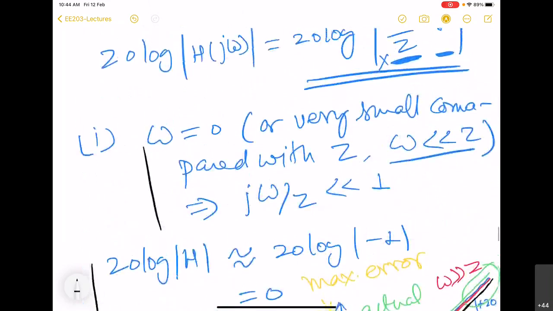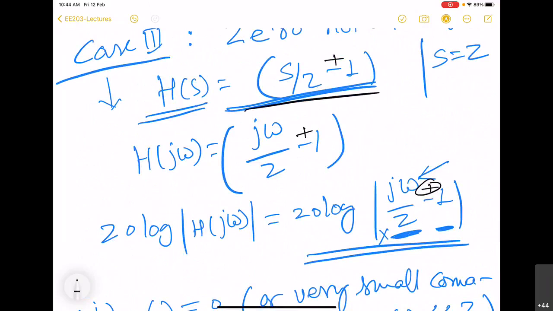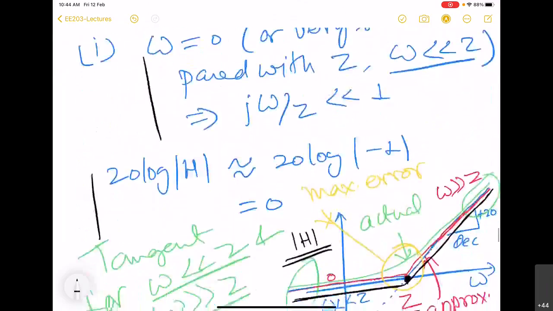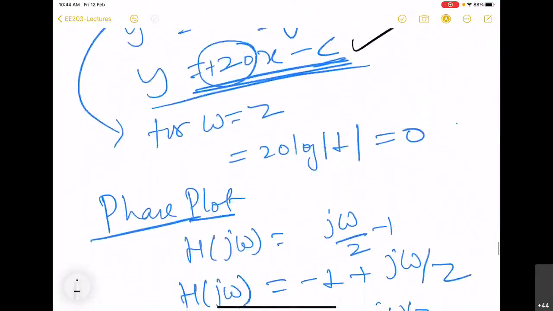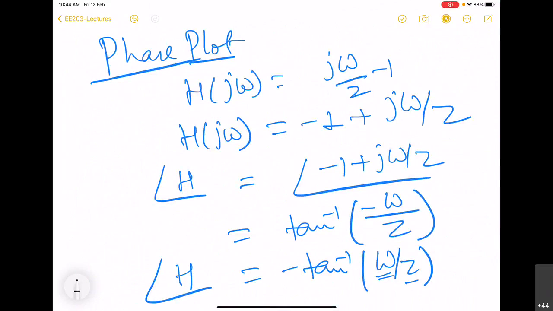So this we concluded for this type of term. Now let us see what will be the effect on the phase plot of this type of term. So for the phase plot, we are here. Now you can see that we are going to have a positive sign here. So this sign will get modified. This will become positive, right? So now we are going to get positive here, and this is now going to get modified to positive.